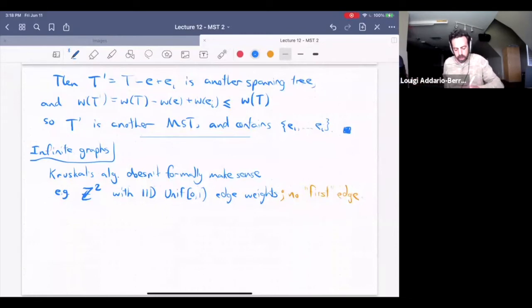So instead, another thing you can do is try to continuize the process, in the same way that we had a discrete version of the Erdős-Rényi process where we added the edges one at a time, and a continuous version where we had a parameter p which we could vary continuously and watch the edges appear. We can try to do the same thing with Kruskal's algorithm. That's one possible way to get a good definition of a variant of Kruskal's algorithm in the infinite setting.